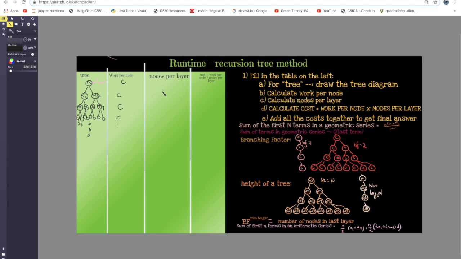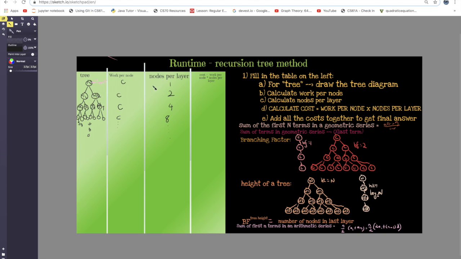Now, we're moving on to the number of nodes per layer. In our first layer, we drew out one node, right? In our second layer, we drew out 2 nodes, then we drew out 4 nodes, and 8 nodes, and so on and so forth.